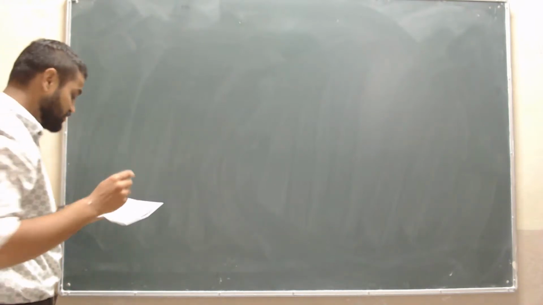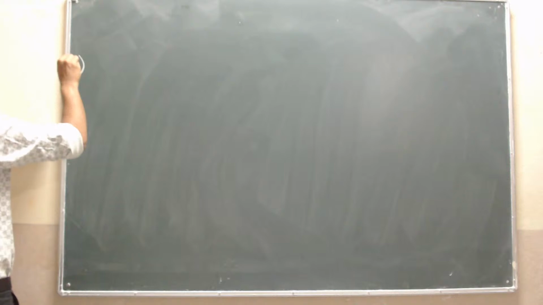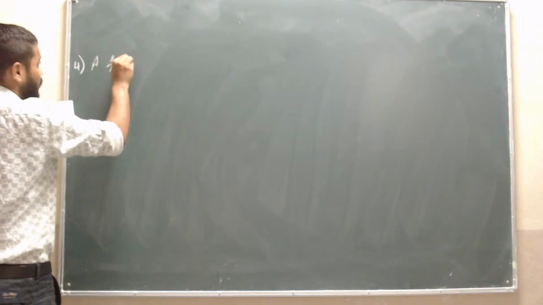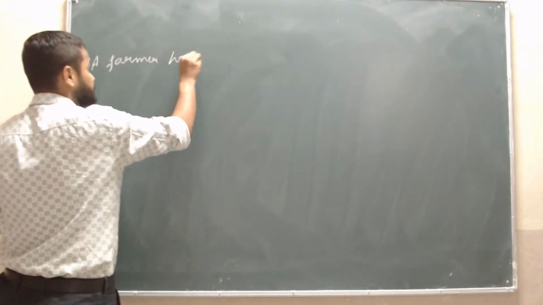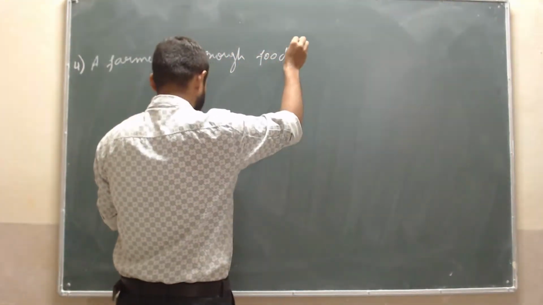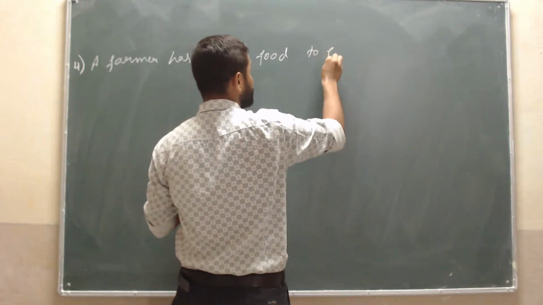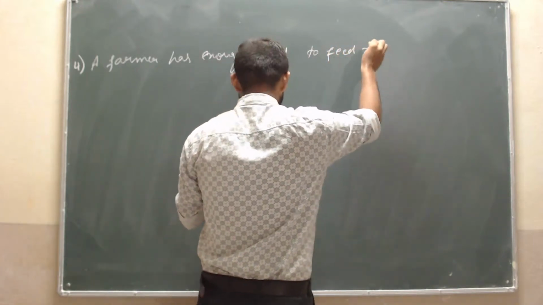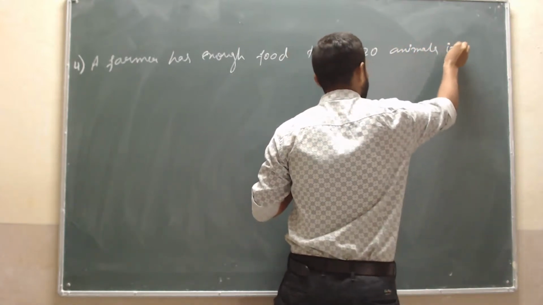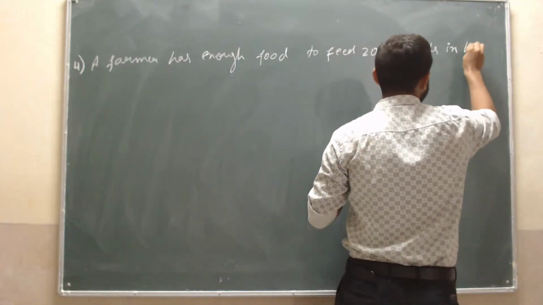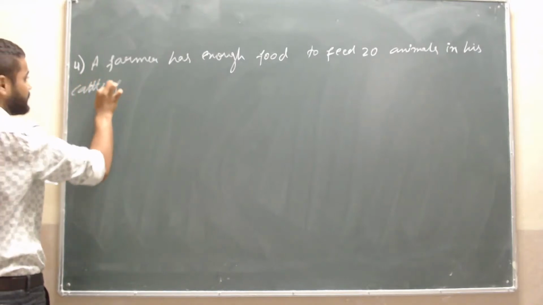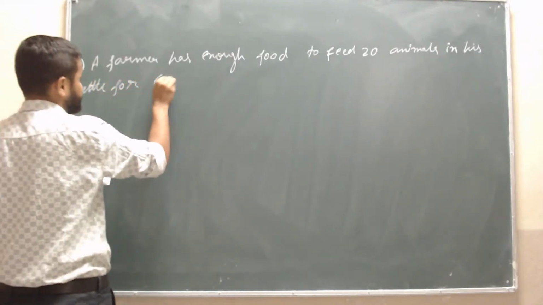The next question is for you, students. A farmer has enough food to feed 20 animals in his cattle for 6 days.